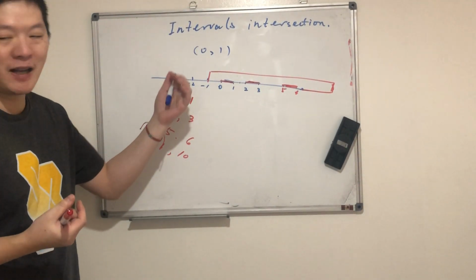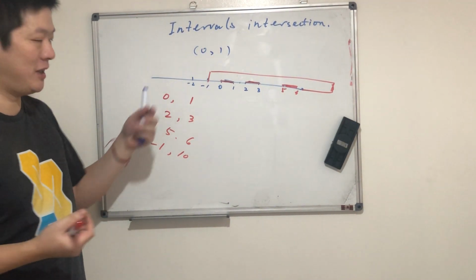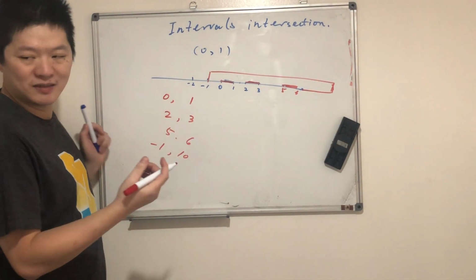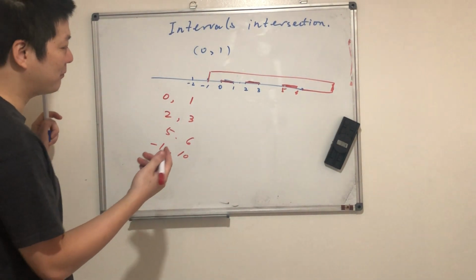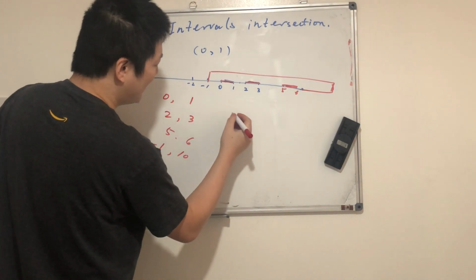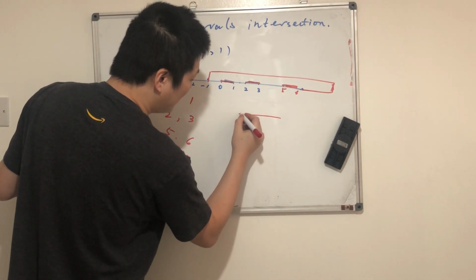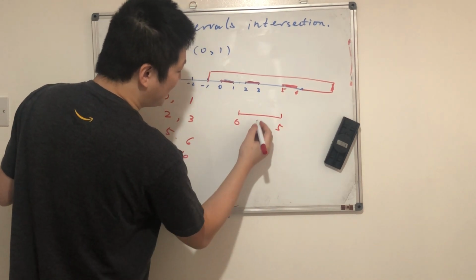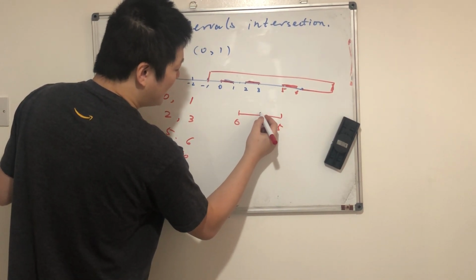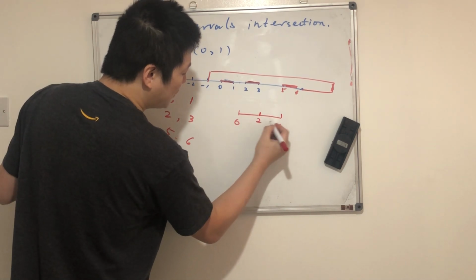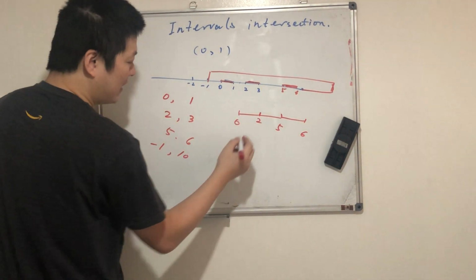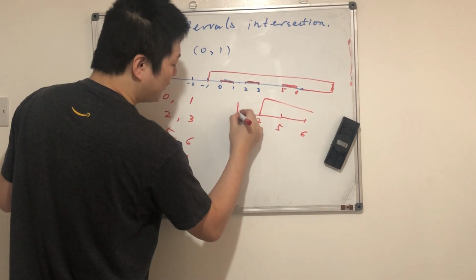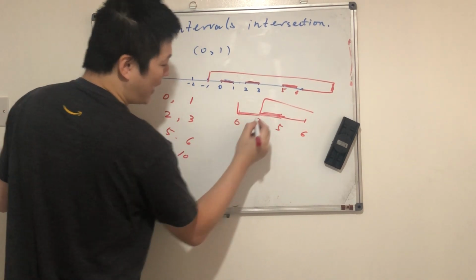So can you tell me if there is an interval that is part of every interval? Do you know what I'm talking about? No. Okay, for example, if this is 0, 5, and this is 2, 6, the common interval will be 2, 5.